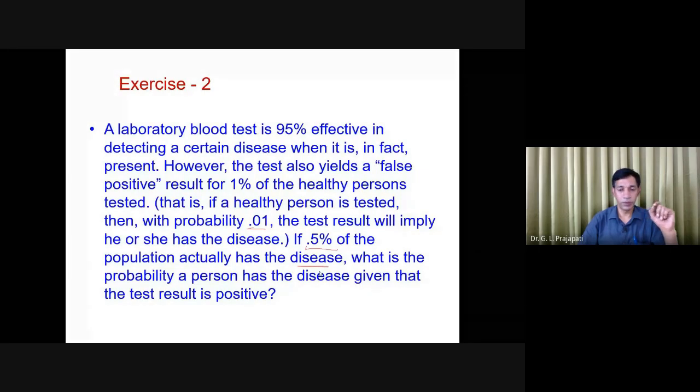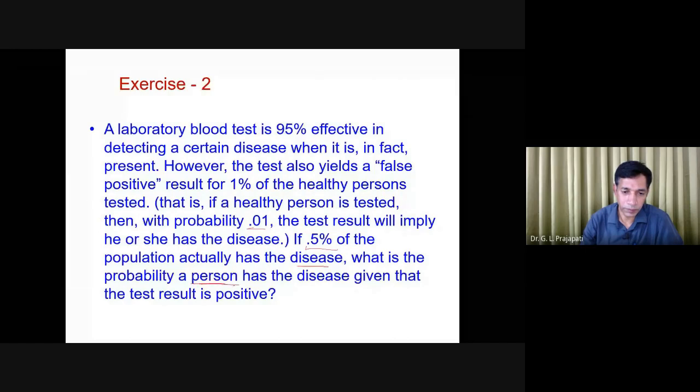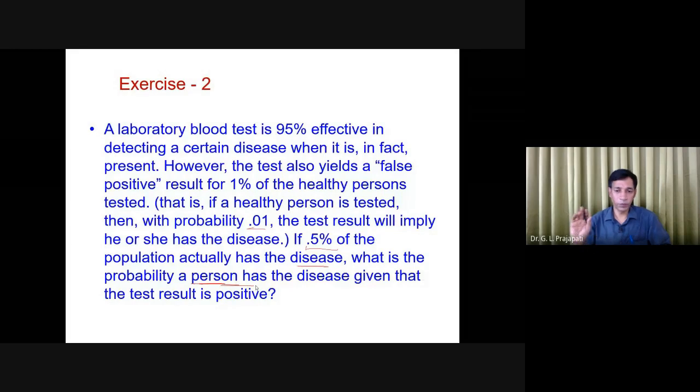So if somebody says that the test report is positive, then you need to know what is the probability a person has the disease, because sometimes healthy persons also come out positive. And say only 0.5% of the population actually has the disease, and the false positive cases are just 0.01.